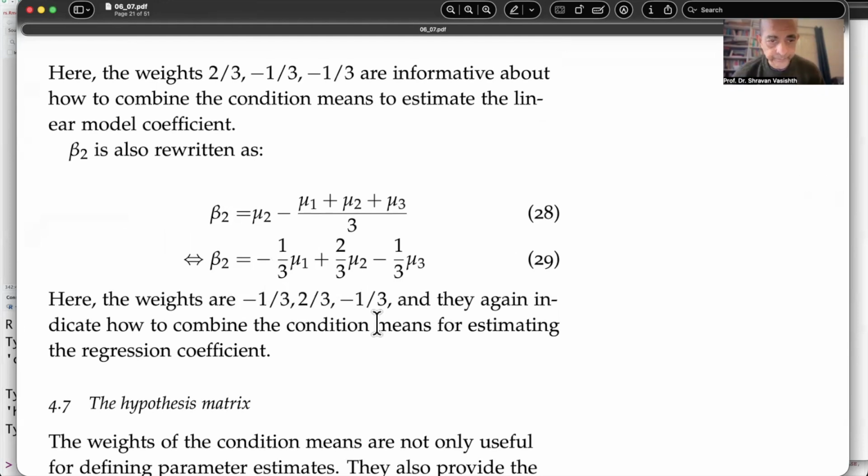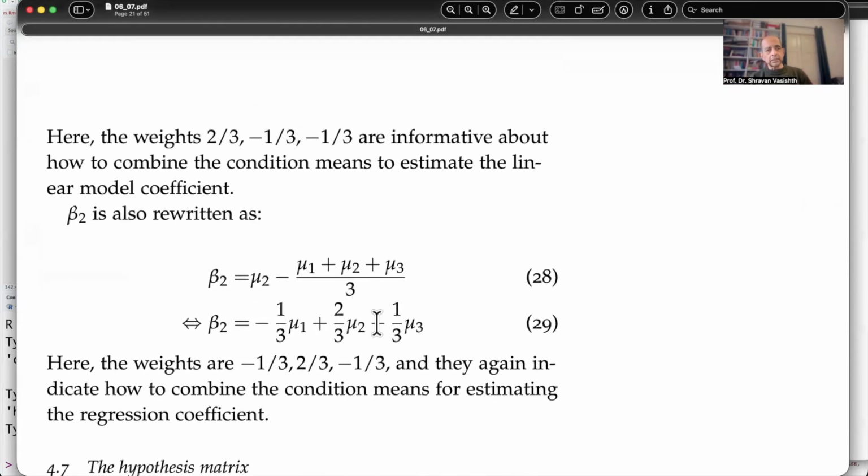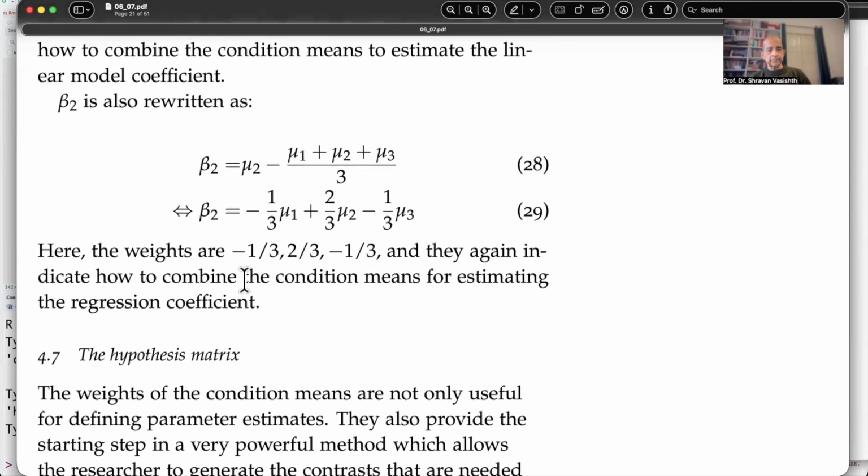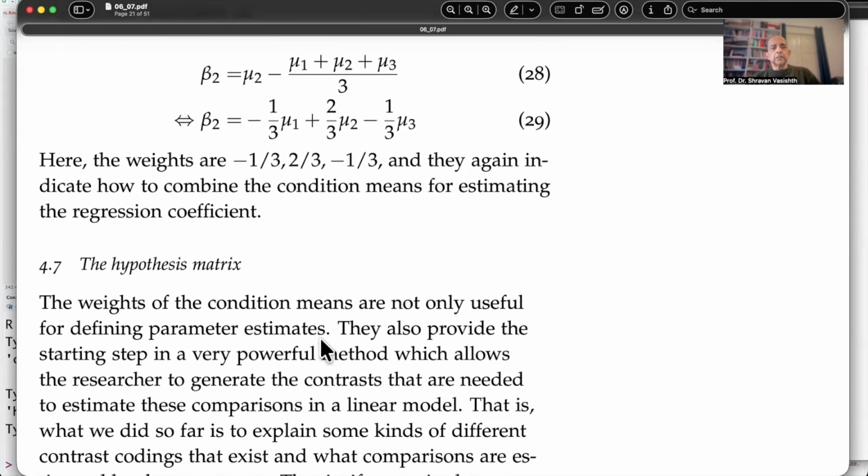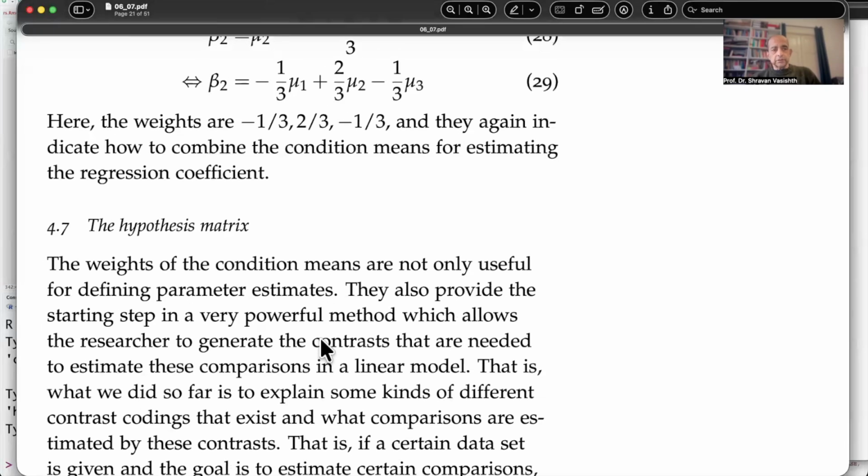So for the 2 comparisons we are interested in, the weights that we have are 2/3, -1/3, -1/3 for the first one, and -1/3, 2/3, and -1/3 for the second one, right? So what is this good for?